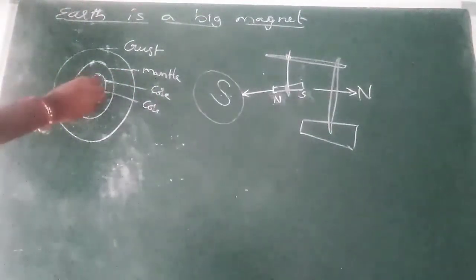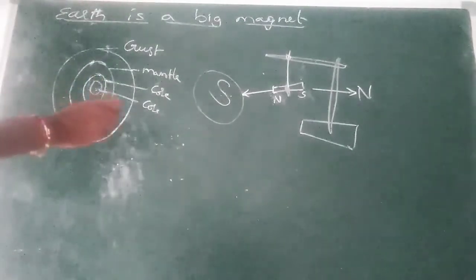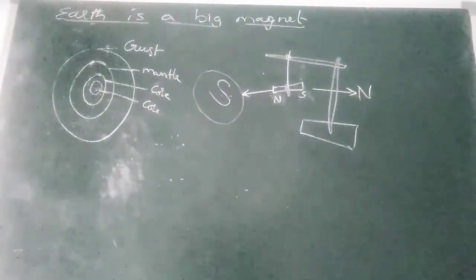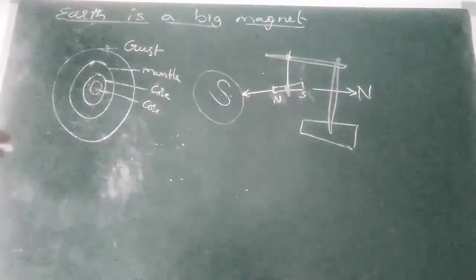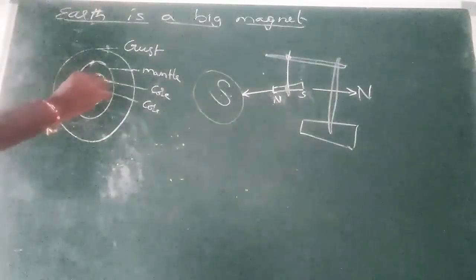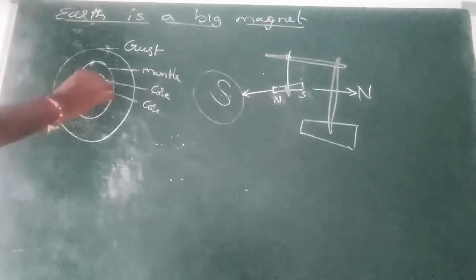The inner core of the Earth is composed of magnetic materials like iron and nickel, mixed together in a liquid state inside the core.